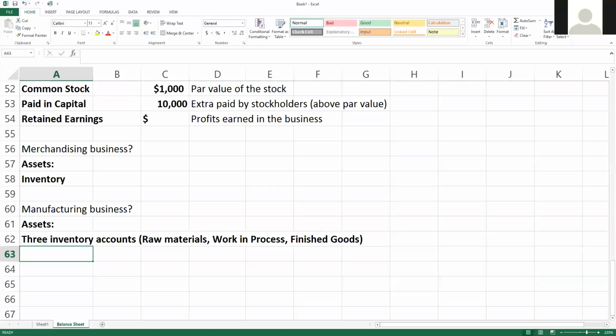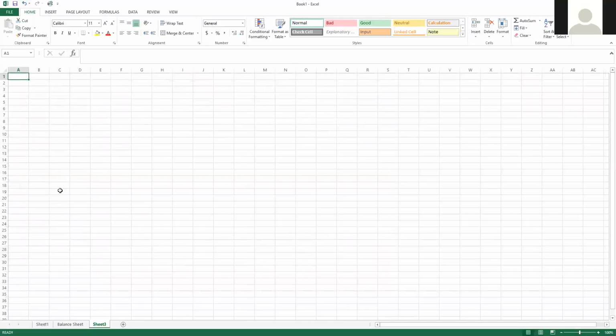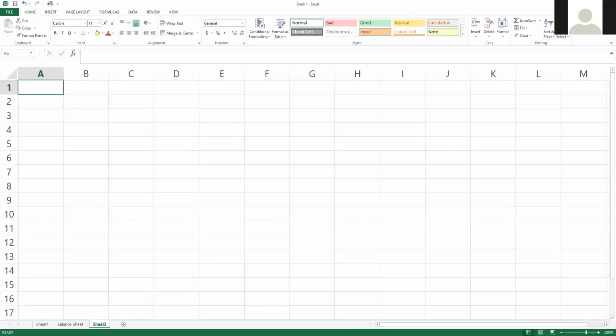Okay, back to our spreadsheet. I'm opening a new sheet that we can use for the income statement. An income statement helps tell the reader, whoever is using the financial statement, whether the company made a profit.